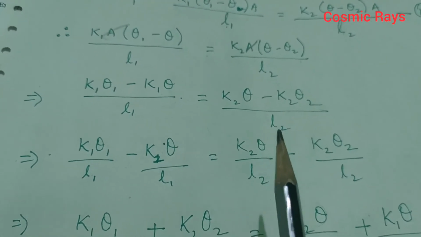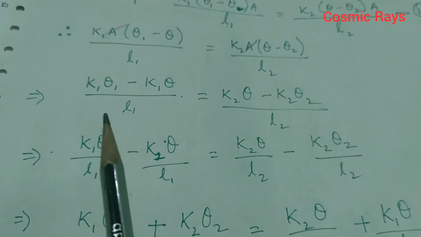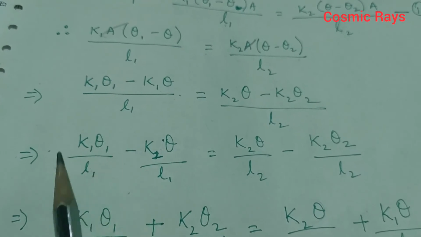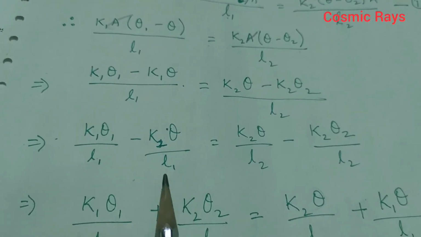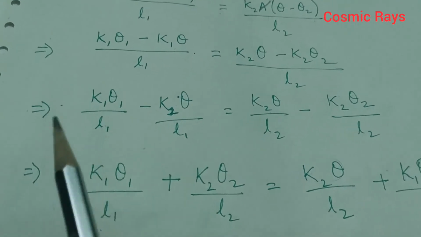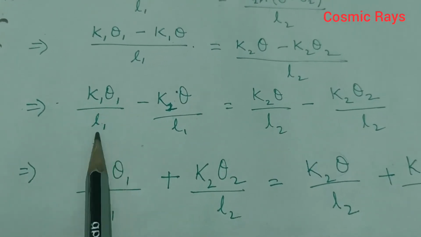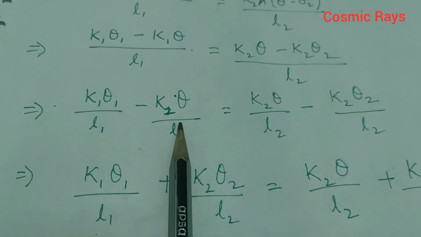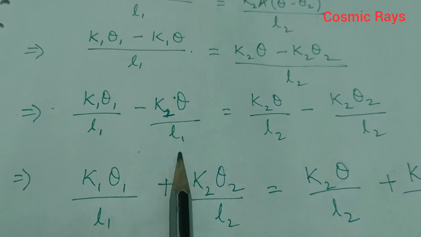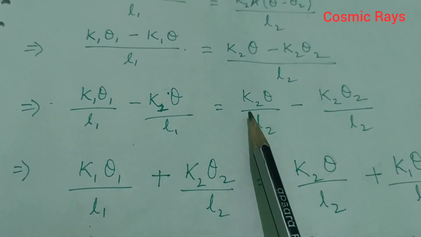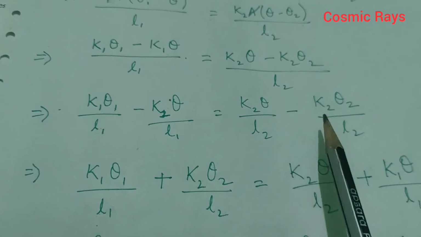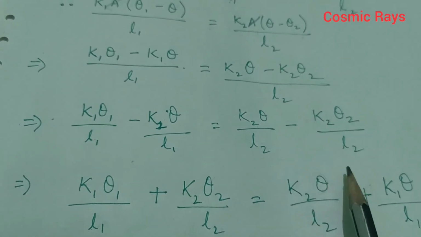Now we write these denominators separately with each term of the numerator. So we get K1 theta 1 upon L1 minus K1 theta upon L1 equal to K2 theta upon L2 minus K2 theta 2 upon L2.